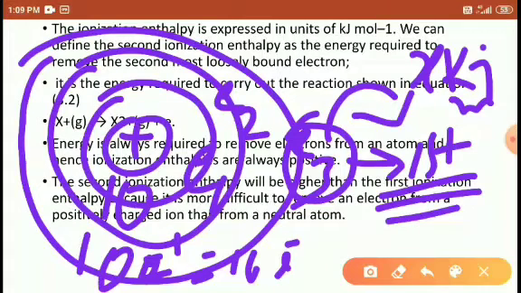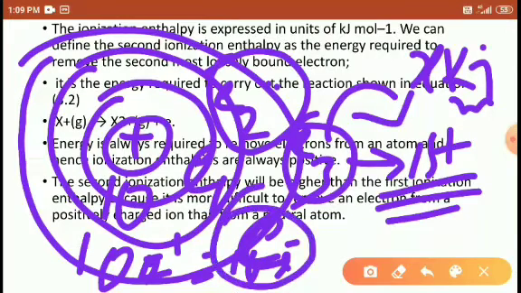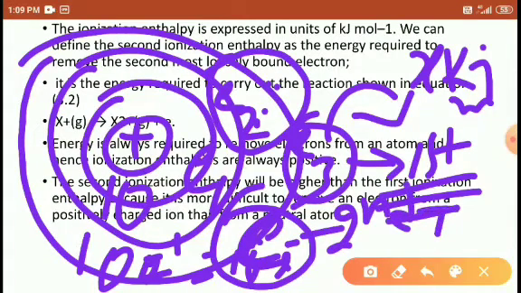Right? If we remove the second outermost electron, either the one nearby, maybe here or maybe here, the removal of the second outermost electron is called the second ionization enthalpy. Right, students? So when we remove this electron, the protons are more and electrons are fewer.